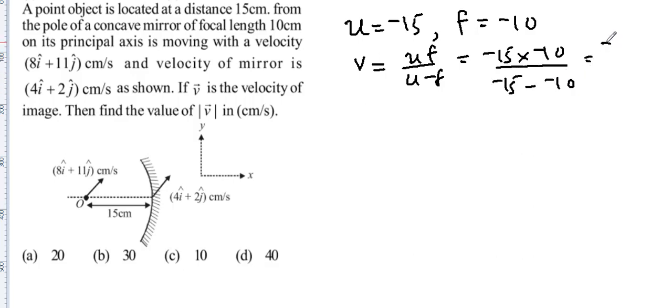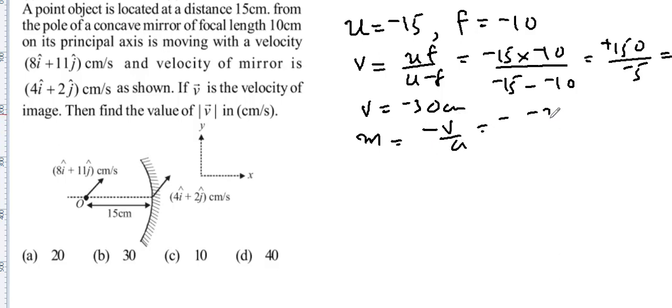That gives 150 divided by minus 5, which gives minus 30. So I get v equal to minus 30 centimeter, which gives magnification m equal to minus v by u, which is minus of minus 30 by minus 15, giving minus 2. Magnification is minus 2. Fine.